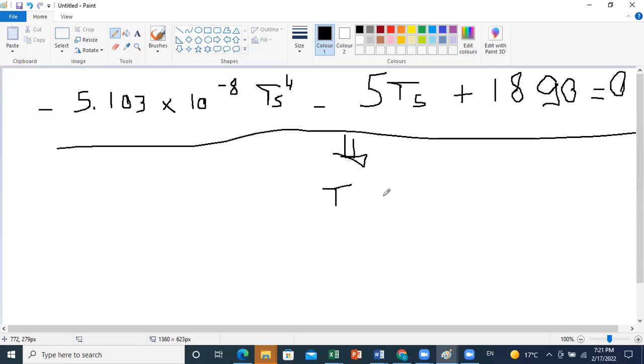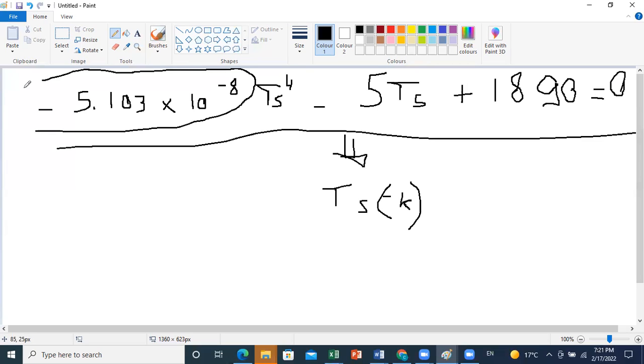Okay. Now, of course, sometimes in some applications, we can evaluate this coefficient. So depending on the value of this coefficient, we can neglect emitted radiation or not. So this term is coming from emitted radiation by the surface.